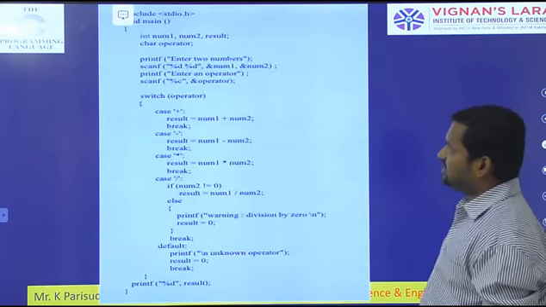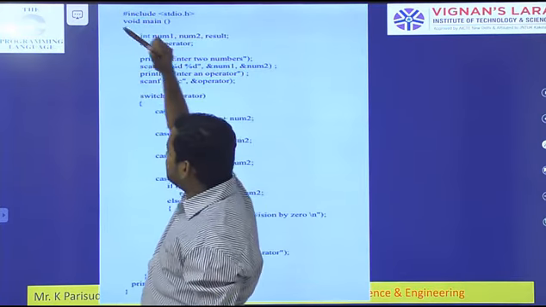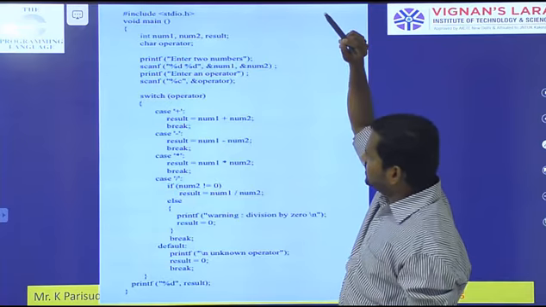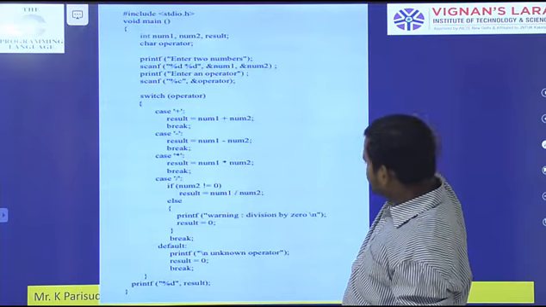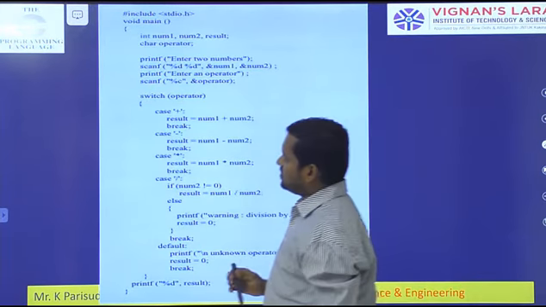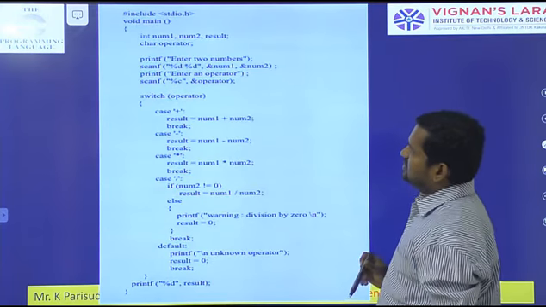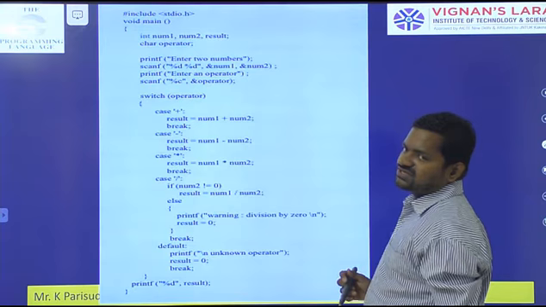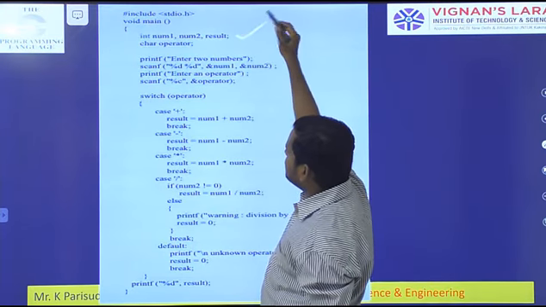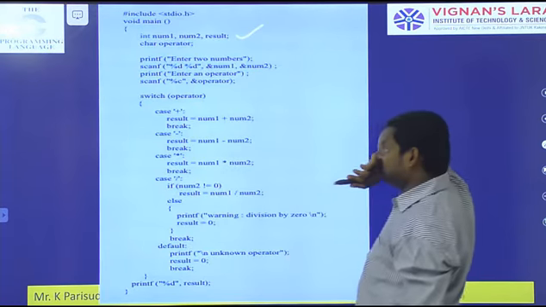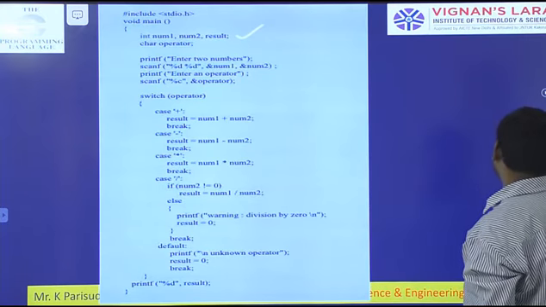So, see this example: hash include stdio.h, main. In this program, we have to check what operation is going to be performed. Three variables, num1, num2 and result, are declared as integers.